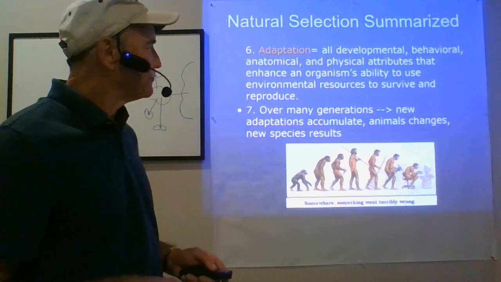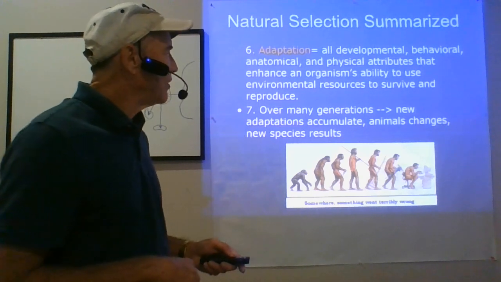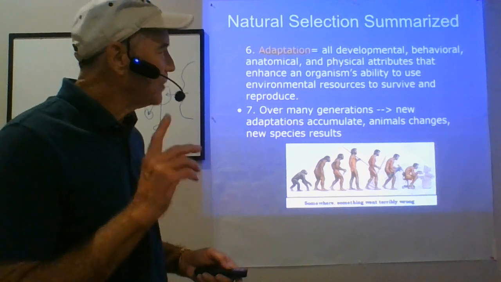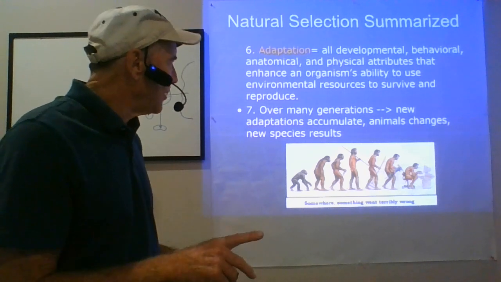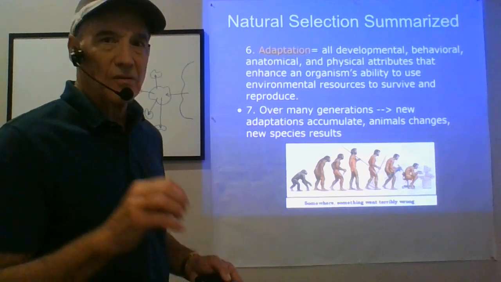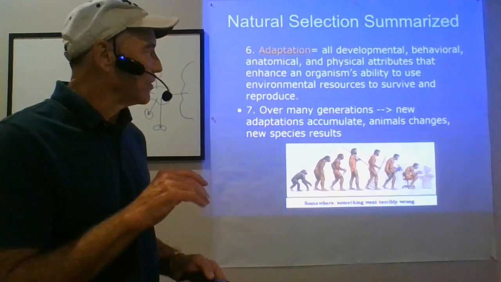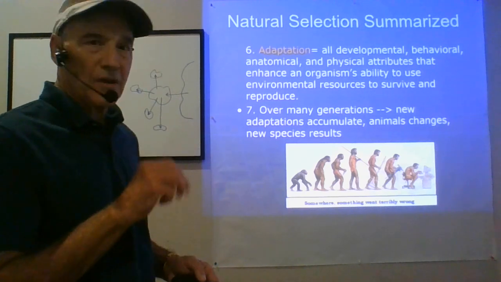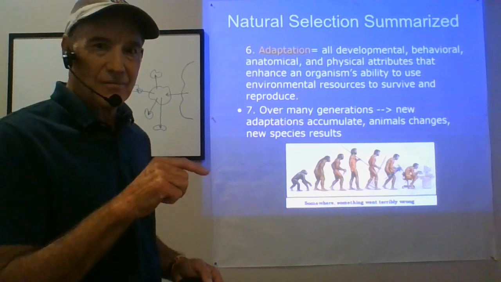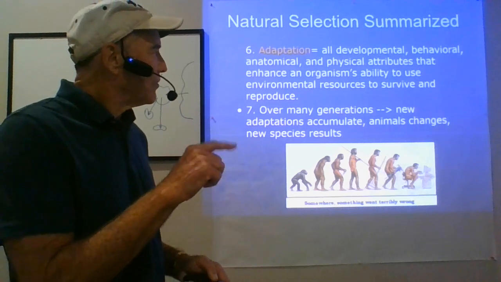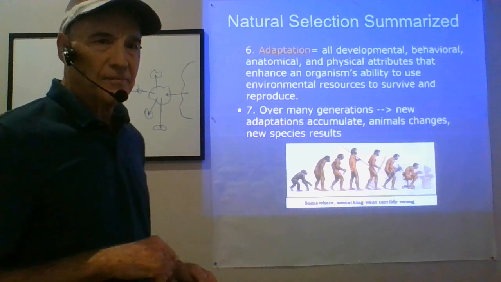Perfect. All developmental, behavioral, anatomical, and physical attributes, features that enhance an organism's ability to use environmental resources, food and shelter, to survive and reproduce. It's an adaptation.